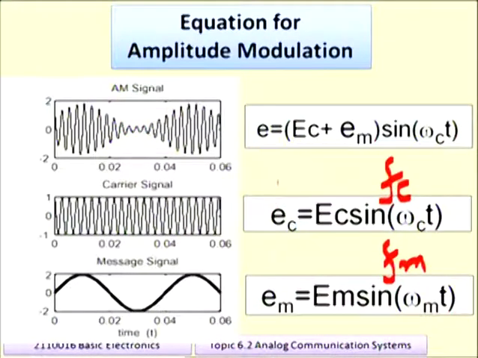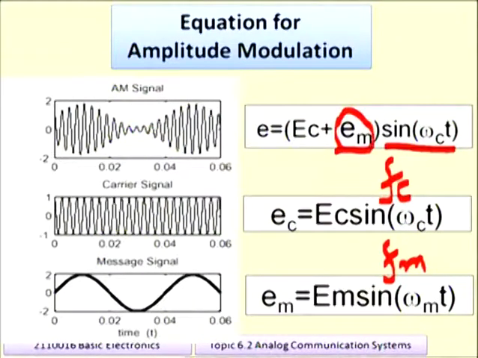When we modulate, we get the amplitude modulated waveform. It can be represented with the help of the instantaneous amplitude, small e, equal to capital Ec plus small em, where small em is our audio signal, times sine of omega c t, the carrier component. So the peak amplitude of the carrier signal is modified as per the instantaneous amplitude of our audio signal.